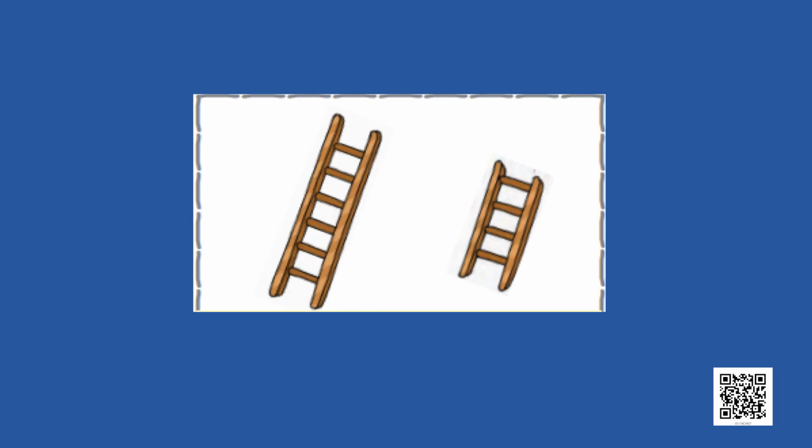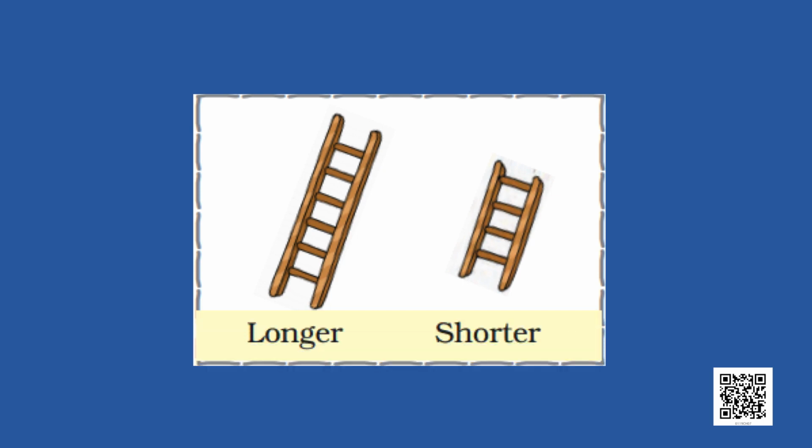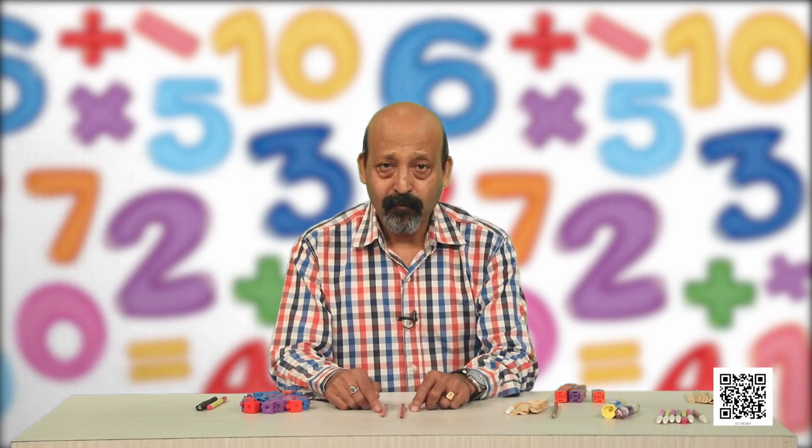These two objects, ladders, are there. Can you tell me which one is longer and which one is smaller? Yes. And try to find how we can say that this ladder is longer and the other is smaller. Can you tell me?